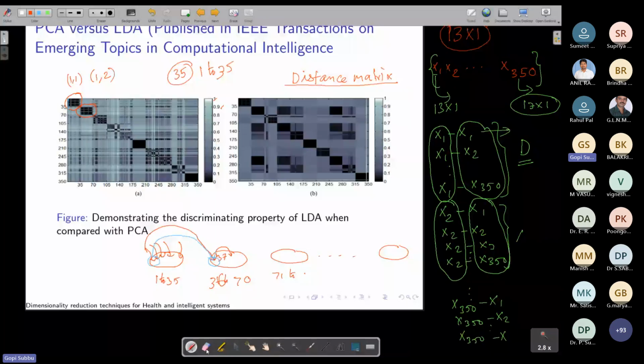First vector and 36th vector, the distance is looking very high, something like 0.9. So what it really means is that whenever I see the brighter region, it means it is far away, and the dark, the black, means it is close.